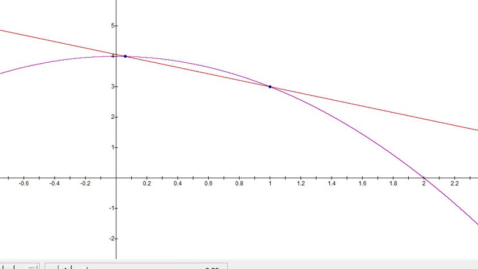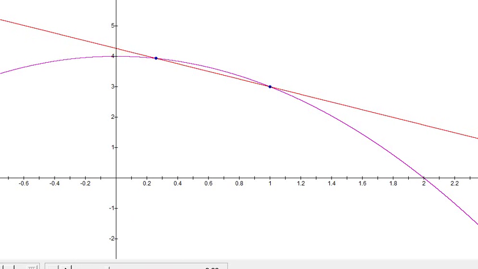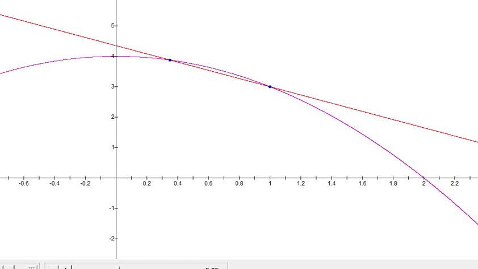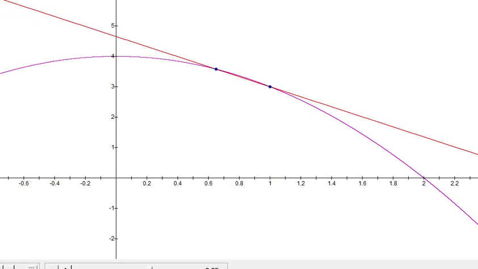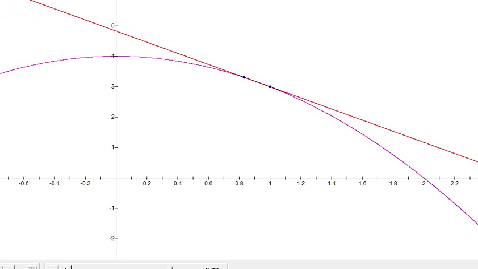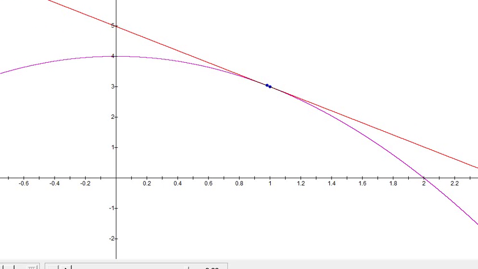Let's slide it closer. And now the average rate of change is getting to be a better and better approximation of the actual instantaneous rate of change. And closer and closer. And eventually, those 2 points come together. The fancy word is to coalesce. And now you've got the instantaneous rate of change.